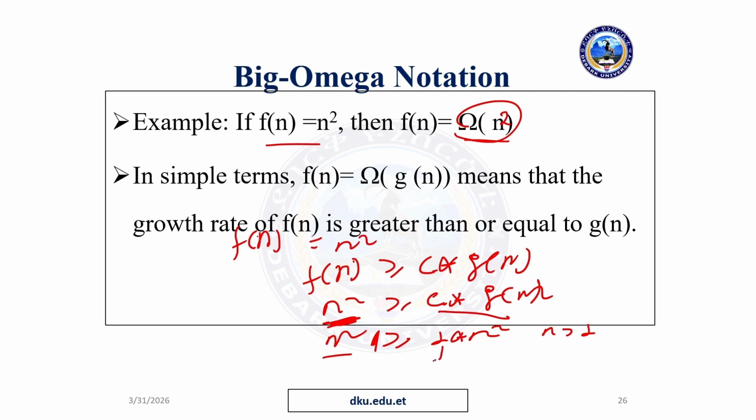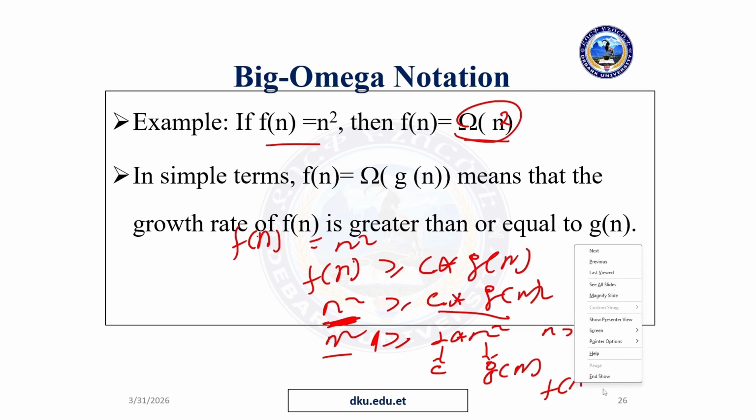This one is the value of c, and this one is the value of g of n.